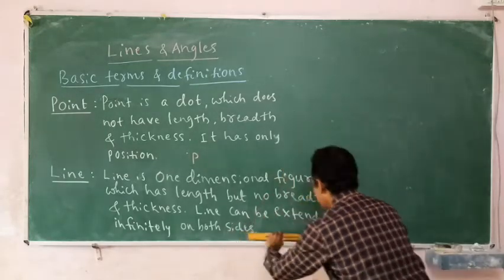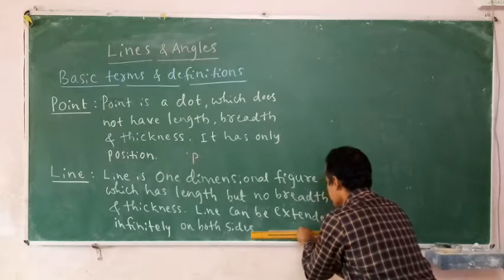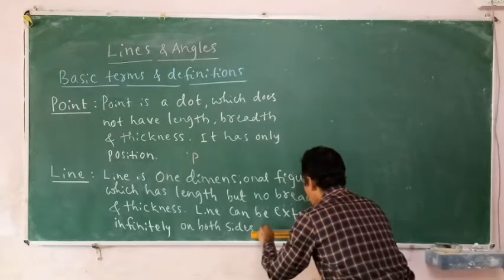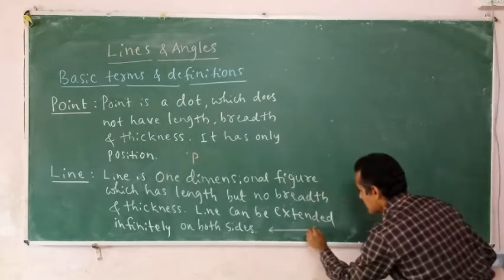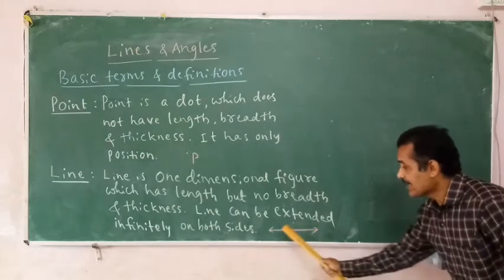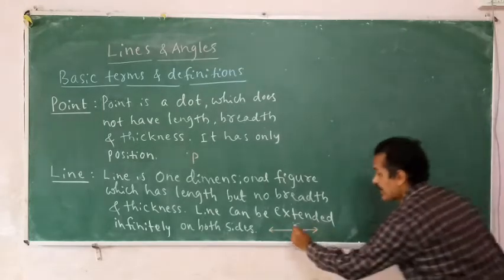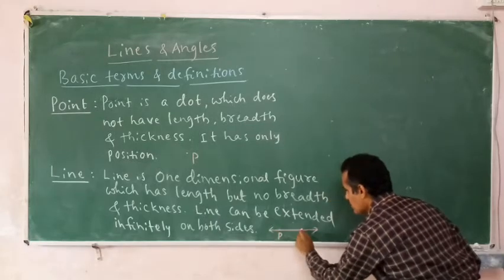You can draw a line. I can draw a line like this. This is how I can draw a line. It has to be shown like this, which is representing that it can be extended on both sides. And I can call it as a line PQ. Okay.